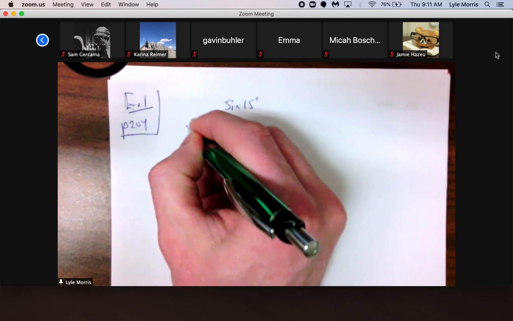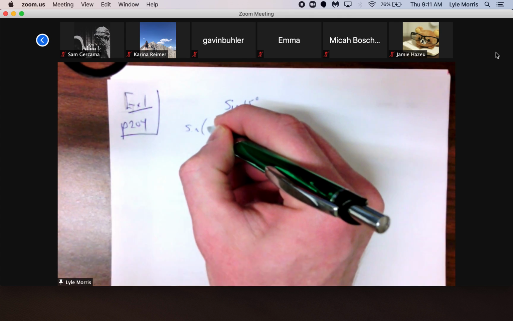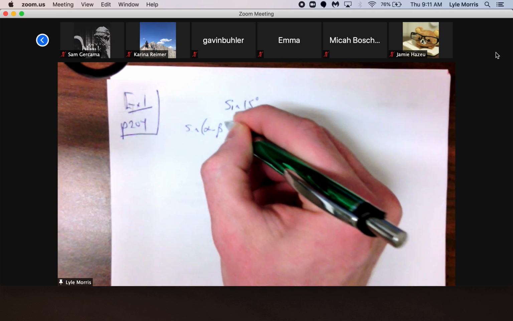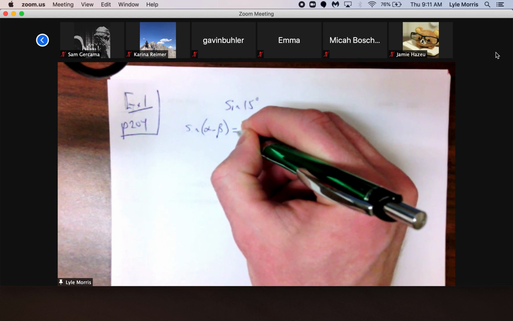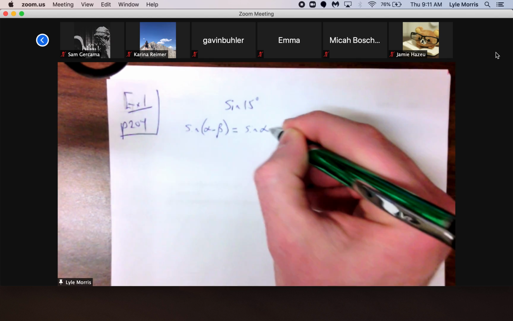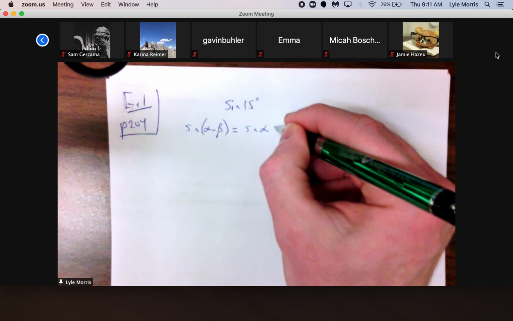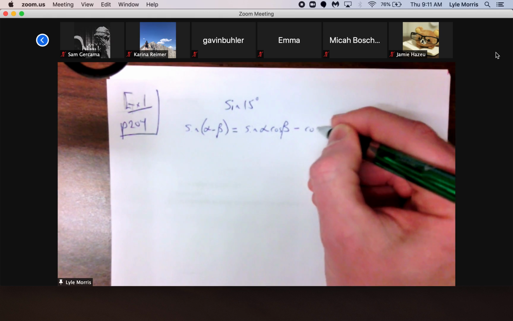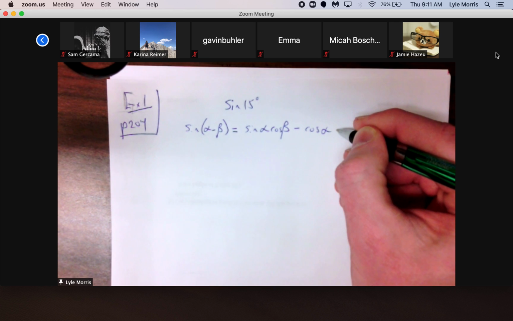the way it's written in the book I gave you, sine of alpha minus beta equals sine of alpha cos of beta minus cos of alpha sine of beta.